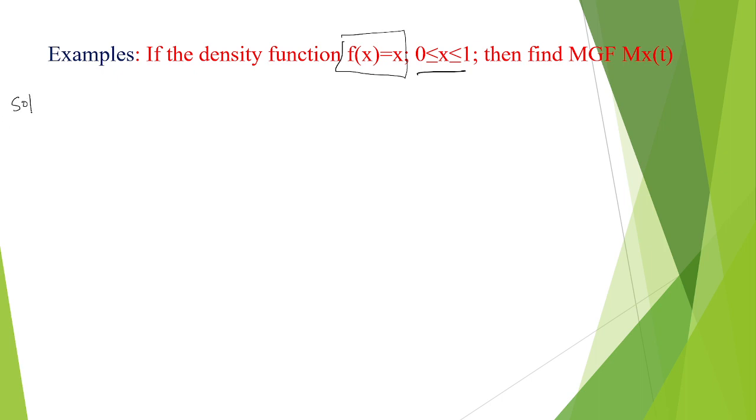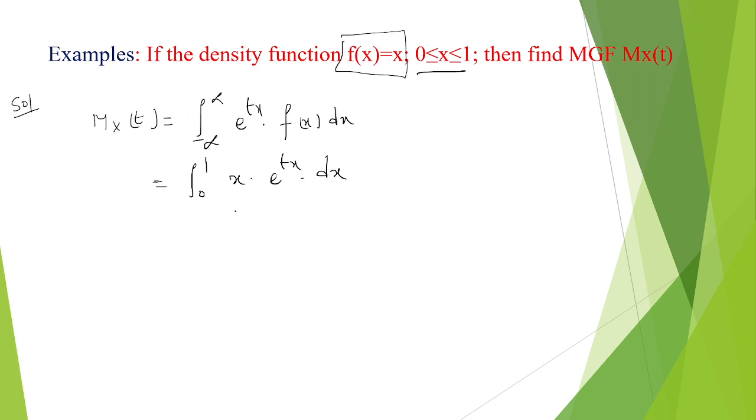According to the MGF, the moment generating function average is for a continuous random variable, and in university exams they ask questions on continuous random variables. So it is the integral from minus infinity to plus infinity of e^(tx) f(x) dx. Substituting the limits 0 to 1 and f(x) equal to x, we get the integral of x e^(tx) dx.